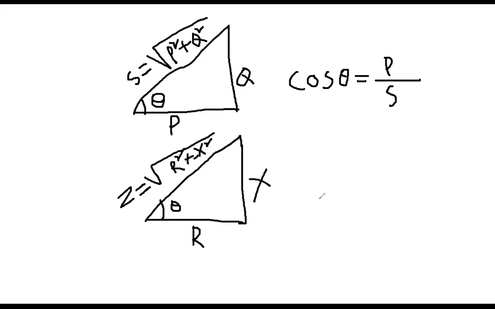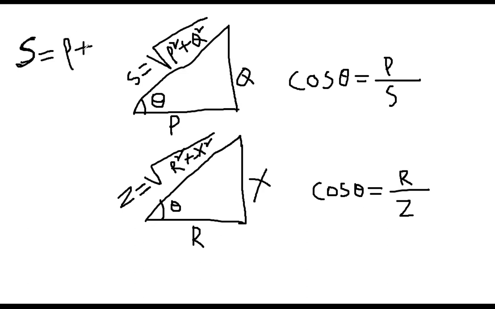And from this triangle, everybody say, cos theta is R over Z. Look at the similarity: the complex vector S is P plus jQ, and here the impedance in vector format is R plus jX.